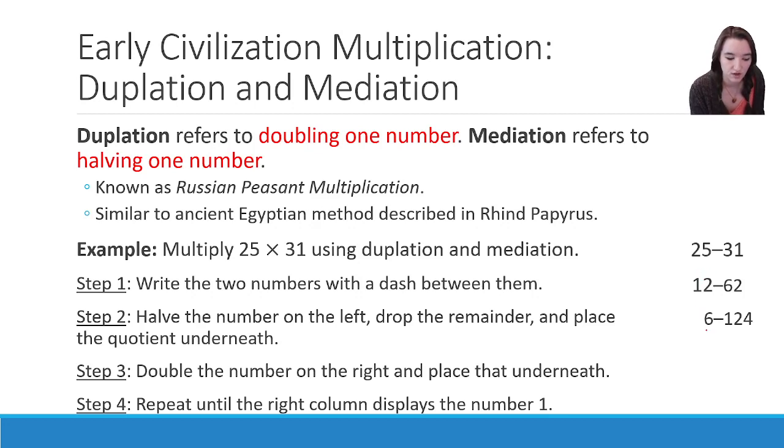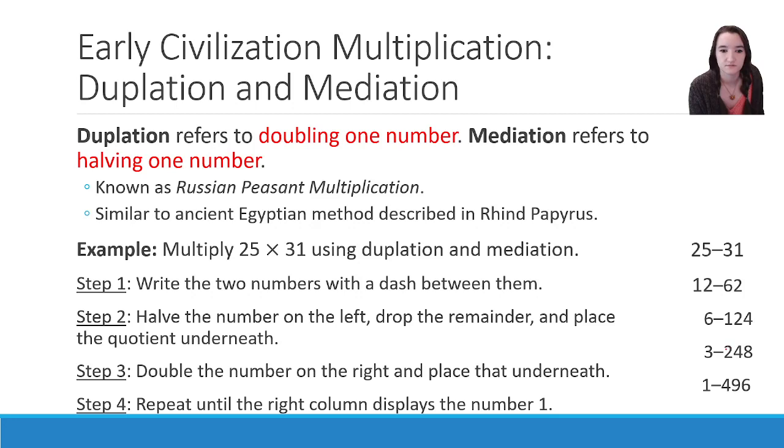So half of 12 is 6, double 62 is 124, half of 6 is 3, double 124 is 248, half of 3 is 1.5, right? Half of 3 is 1.5, but we drop that 0.5 and just write the 1, so just the whole number. And double 248 is 496. So now we've dropped down to that 1, so we stop.